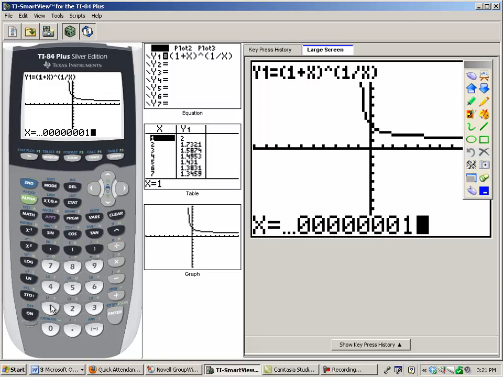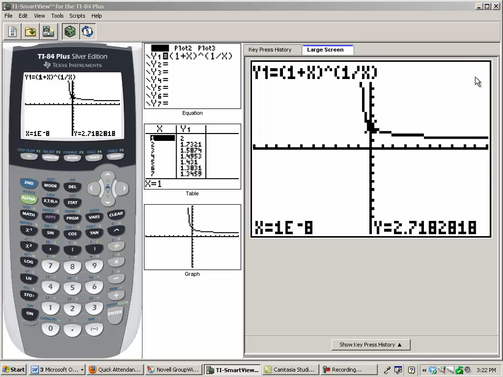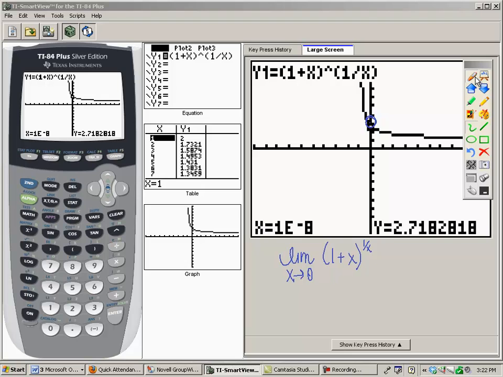Let's try this. If I press enter, what you see is I have 1 times 10 to the negative 8. So that's really, really close to 0. And again, you're trying to get as close as you can. So what's the value that it's approaching? We're going to say our limit is approximately 2.718.